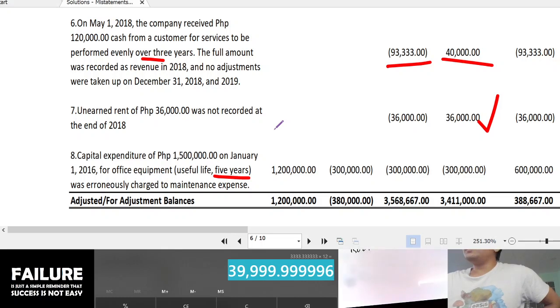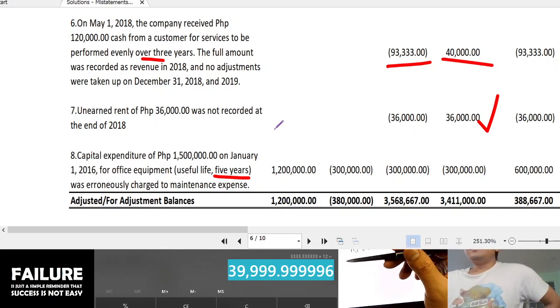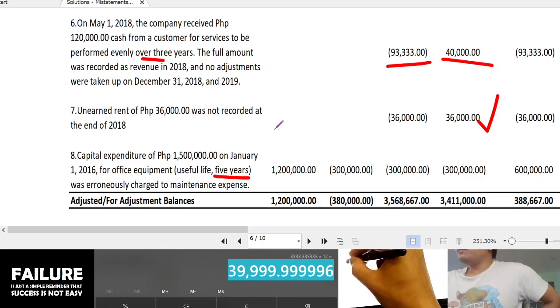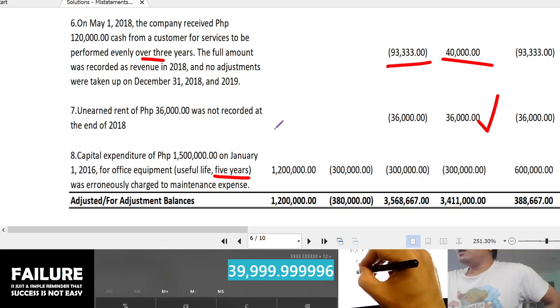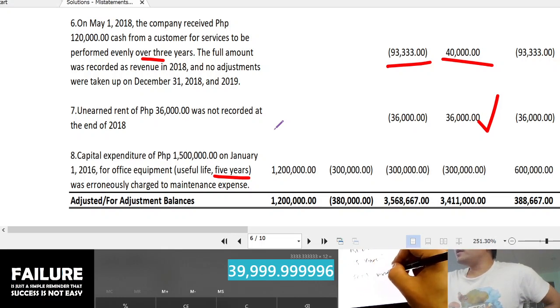Overstate your maintenance expense. But, again, just like with the previous problem na sinolve natin, this has a corresponding effect also to your depreciation. Kasi nga dapat, capitalizable asset siya, it should be depreciated. So, 1,500,000 divided by its useful life of 5 years, annually, there should be a 300,000 annual depreciation.